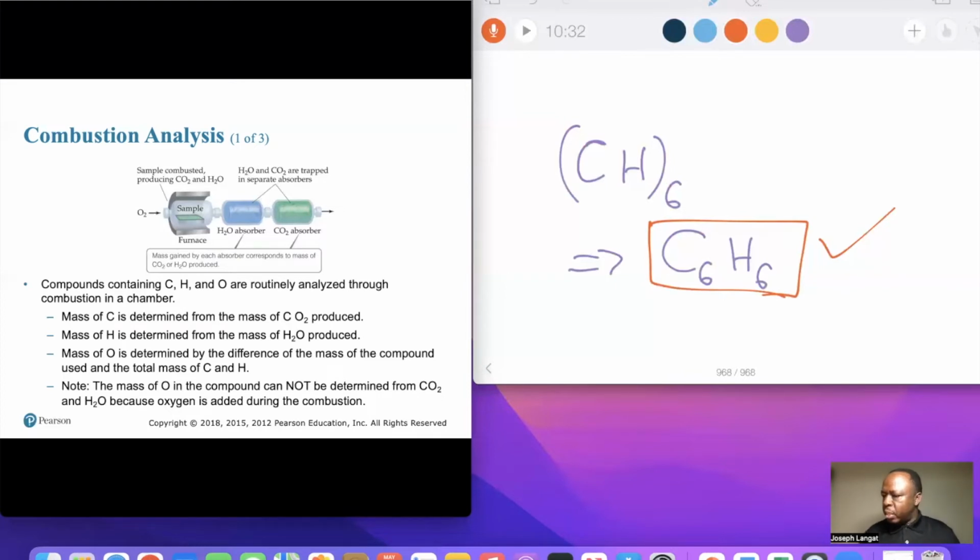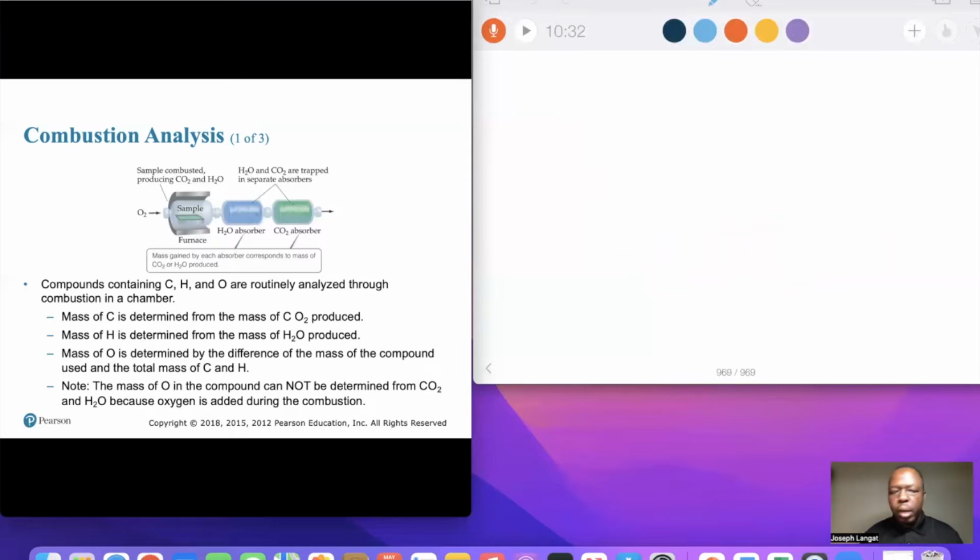Let's see, sometimes there are problems relating to combustion analysis. When we talk about combustion, that means burning, right? And in combustion analysis, we are focusing on a hydrocarbon. You know what we mean by hydrocarbon?